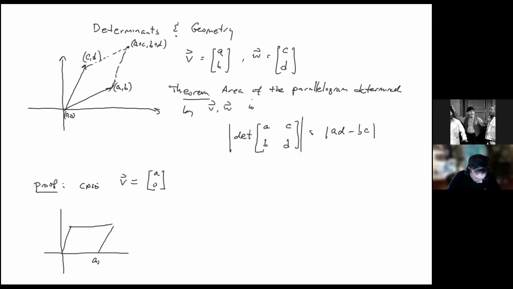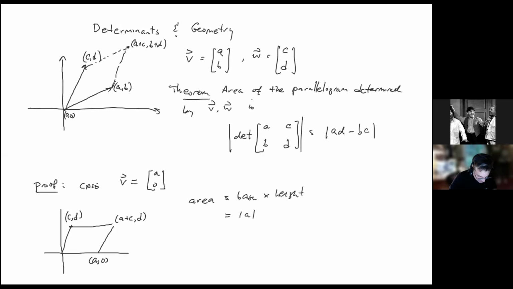We have the vector (A, 0) with the vector that points to the point (C, D), and this point would be (A plus C, D). Okay, so what is the area of a parallelogram? It's base times height. I put the vector in the first quadrant, but the vector could be pointing in the second quadrant, so the number A could be negative. So the base has length absolute value of A.